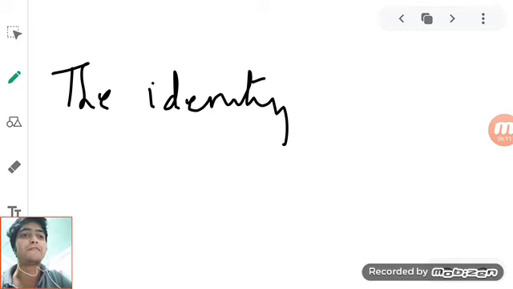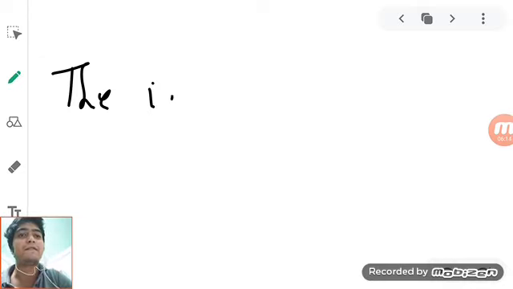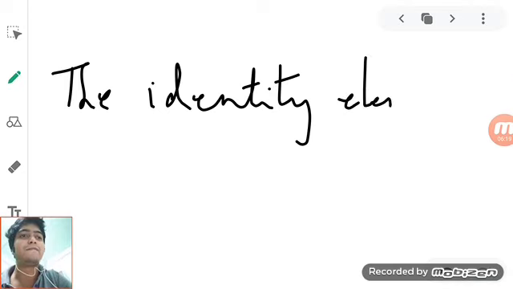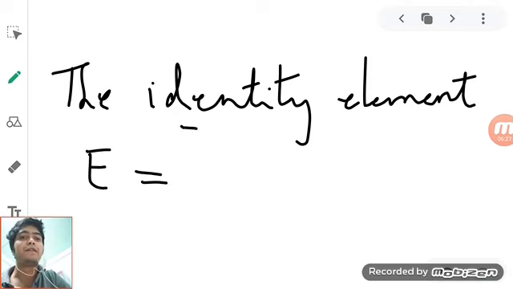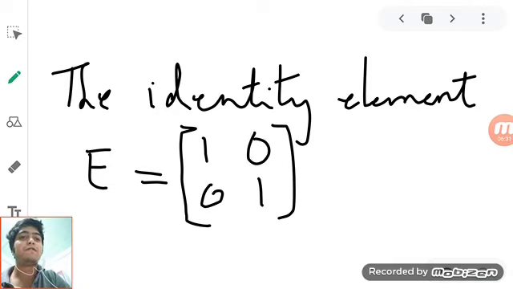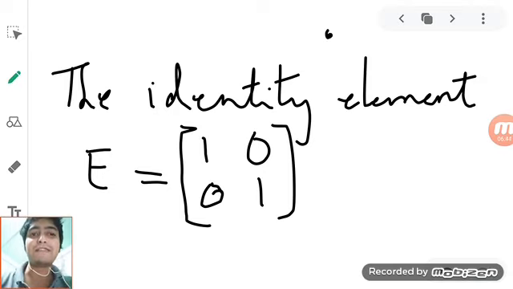We usually denote it by E, so I will write it as E. Over here it will be 1 0 0 1. It is nothing but the identity matrix, but always remember this is with respect to multiplication. If it is with respect to addition, you may have another identity element.